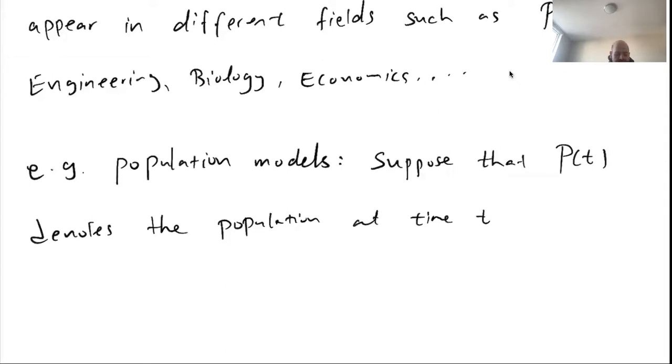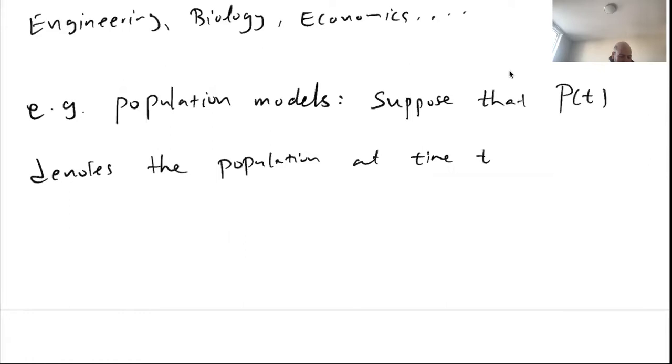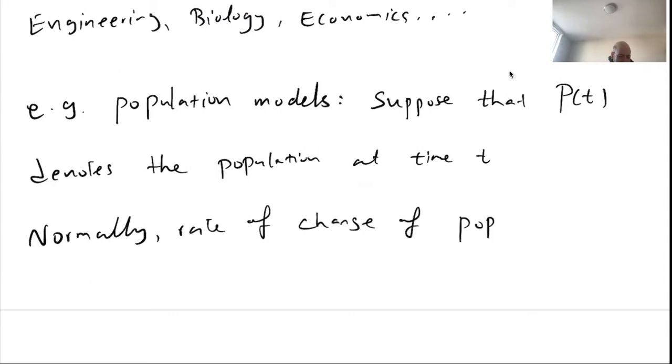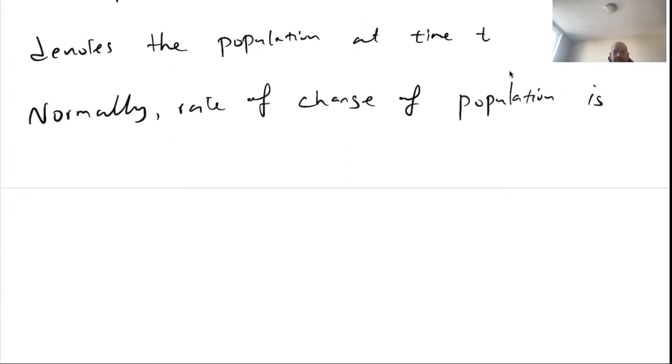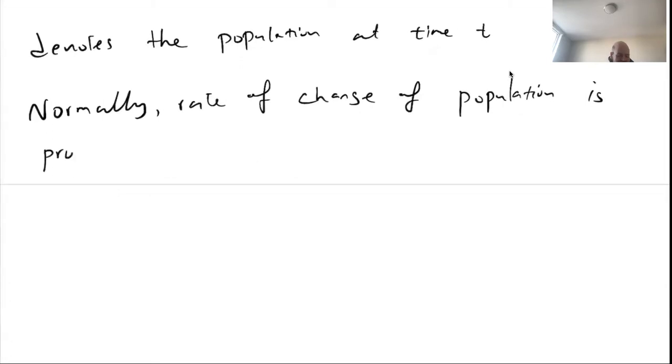So rate of change of population, and normally rate of change of population is proportional to the population itself. Right? So if there's a higher population, then population grows faster.